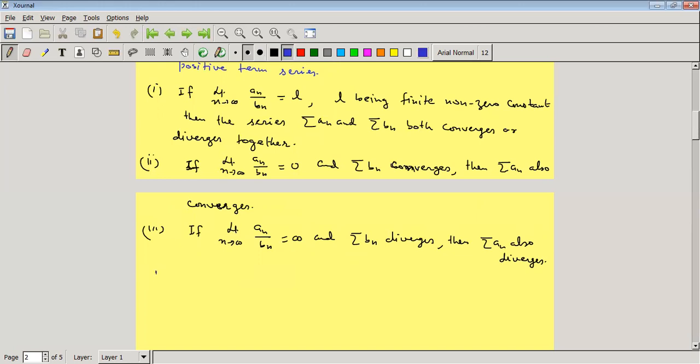Now next is the harmonic p-series. Consider the series summation n, 1 upon n to the power p.